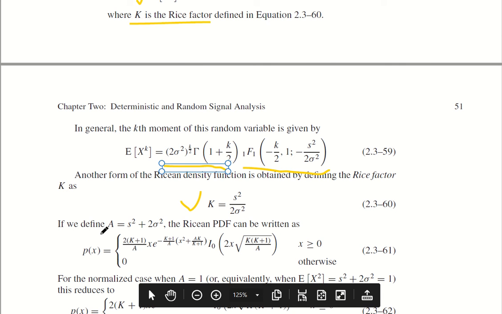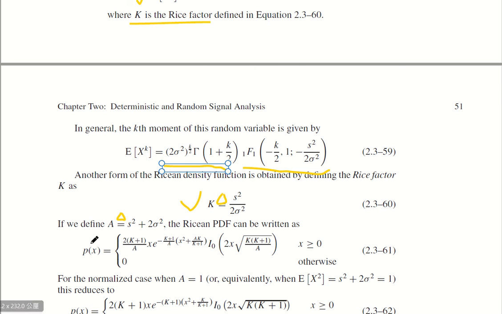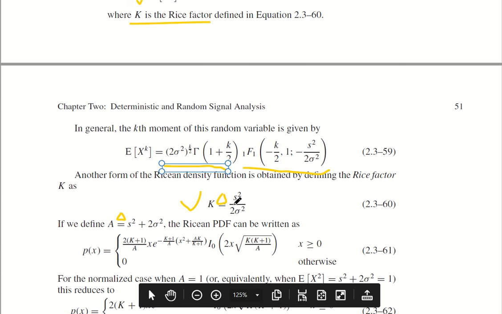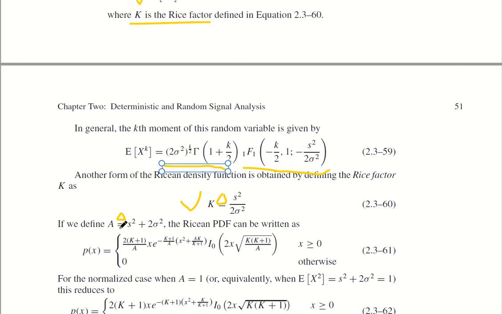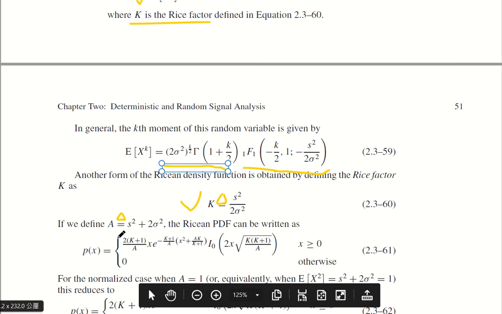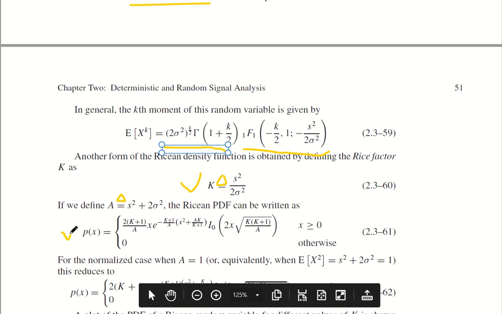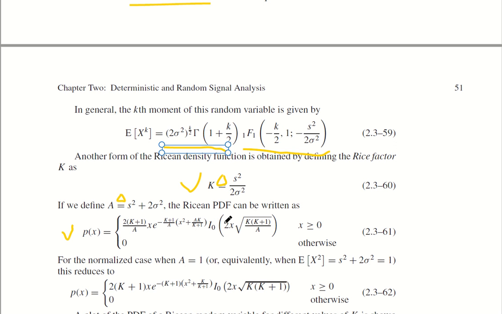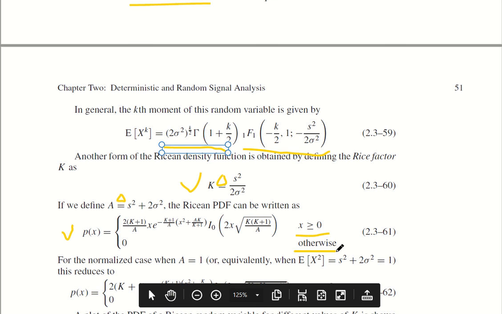If we define a equal to s squared plus 2 sigma squared, and k equal to s squared divided by 2 sigma squared, which is more like a change of variable, then the Rician PDF can be written this way: 2(k+1)/a times x times e to the power of minus k, and the Bessel function of 2x times the square root of k(k+1)/a, and so on.